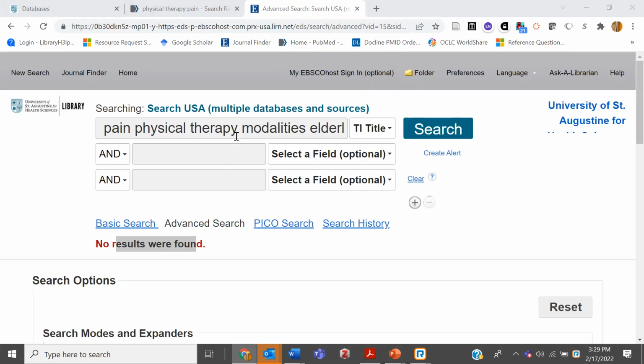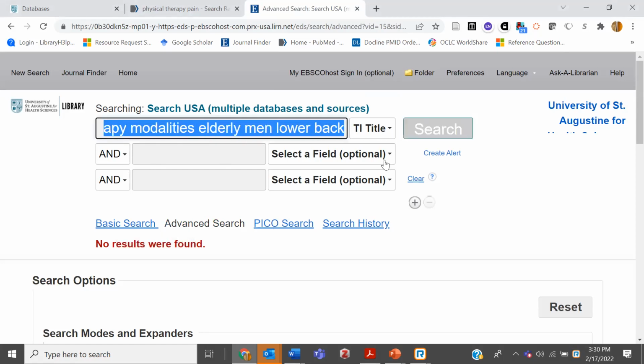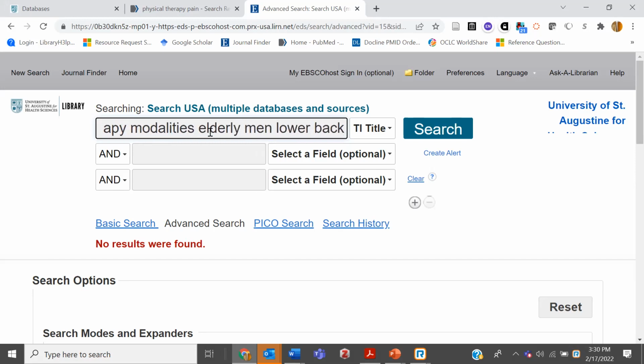One of the things that I think is a common problem is that folks are looking for the article that best reflects the scenario or the research question that they have. I'm all for that, right? But at some point, you really want to keep in mind that the more specific you're being, the less results you're going to get. I'm looking at what I've got here: pain, physical therapy modalities for elderly men and lower back pain. I could probably start cutting out some elements of this.